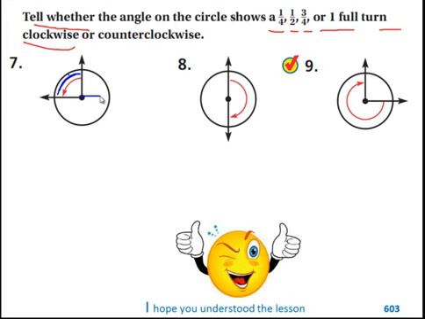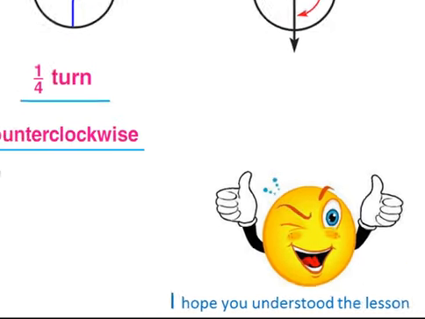When I complete the parts, I'm going to see 4 parts, so my answer should be 1 part over 4. So it's 1/4 turn counterclockwise.